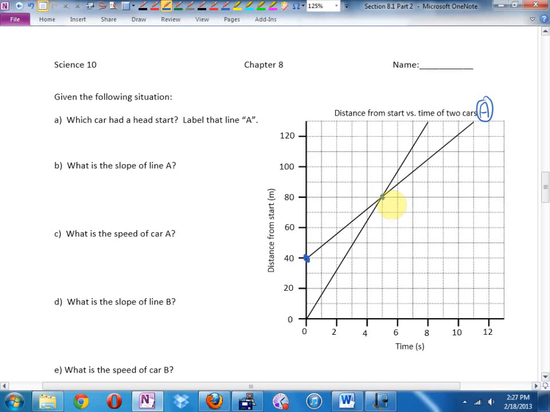Now, this time when you count the squares, you need to realize vertically you're not going up by ones. What's 1 square worth vertically? 10. So if I draw my little triangle here, my rise is from 40 to 80.